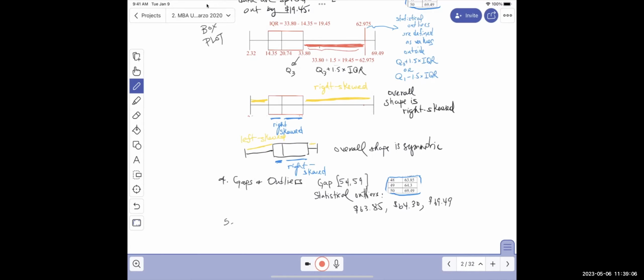And the final feature are the peaks. There are actually 3 peaks. We call this a trimodal distribution because there are 3 modes.